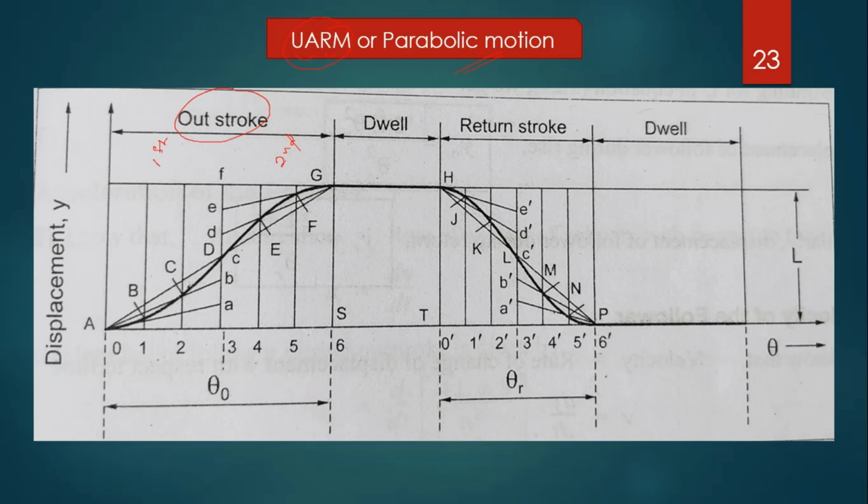The first half of the outstroke is completed with uniform acceleration from A to D, and the remaining half of the stroke is with uniform retardation from D to G. Similarly, for the return stroke, the first half is completed with uniform acceleration from H to L, and the second half with uniform retardation from L to P, right?